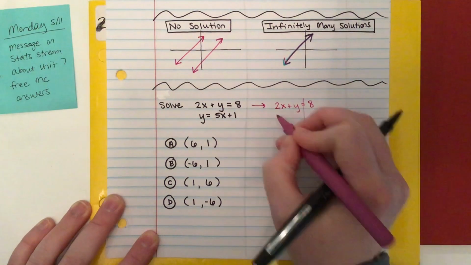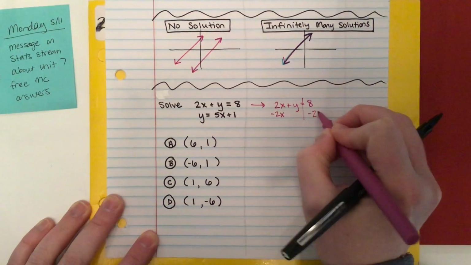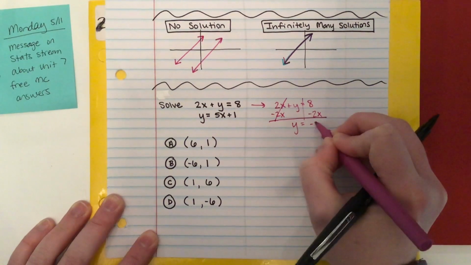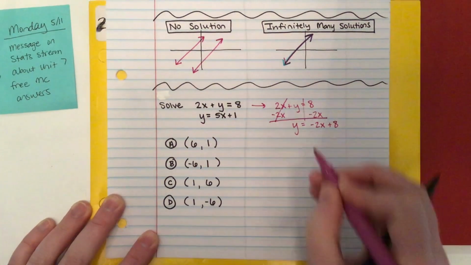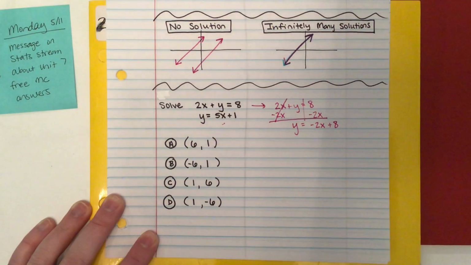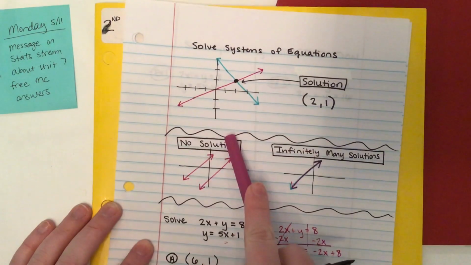The y is what I want by itself, so I would subtract the 2x. Those cancel. y equals negative 2x plus 8. Then I can plug that into the calculator, and plug in y equals 5x plus 1 too, and you can graph and do basically what we did up here.